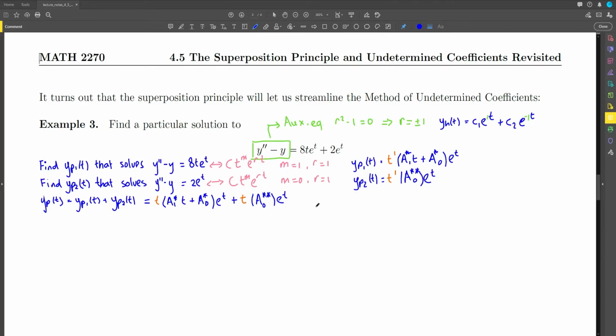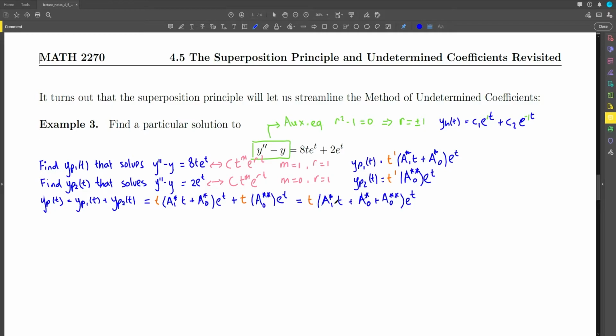And now we can combine these two. And so we'll get that this is t times a1 asterisk t plus a naught asterisk plus a naught double asterisk times e to the power t.